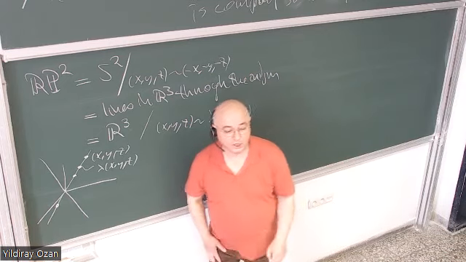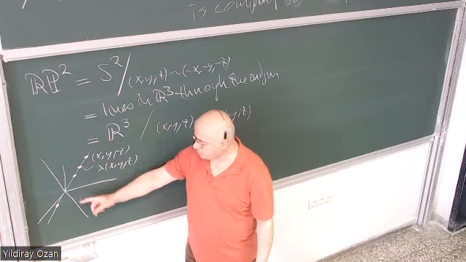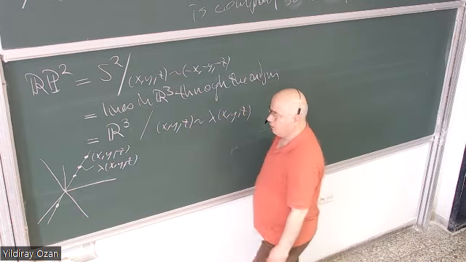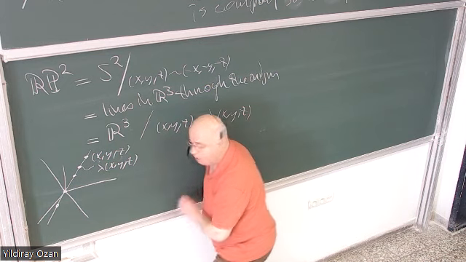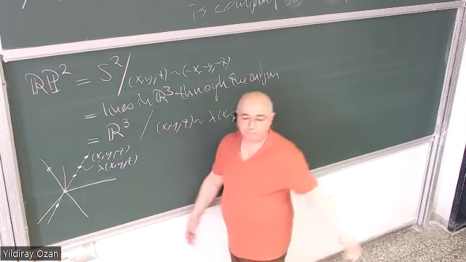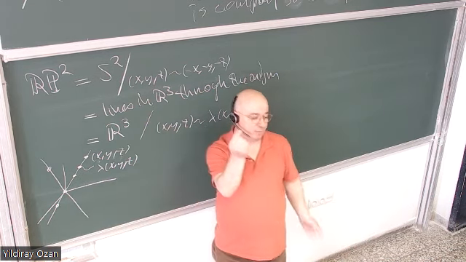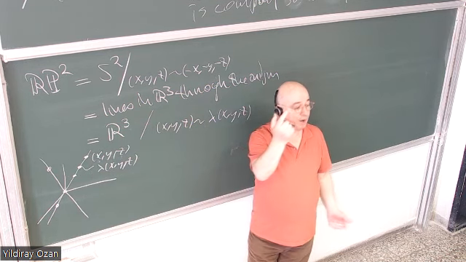But one has to be careful. If you do this, then this point is also identified with the origin. But this point is also identified with the origin. Therefore, everything collapses to a single point. All points are just identified and you have only one point.